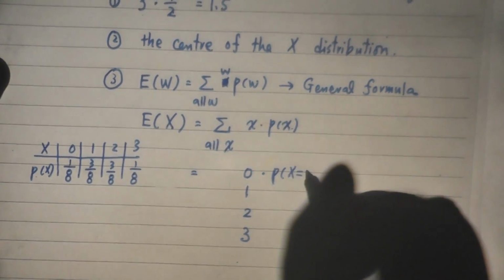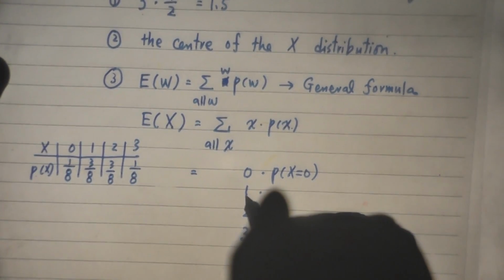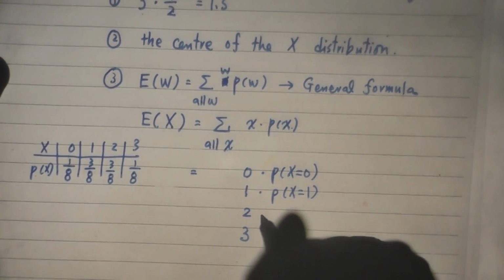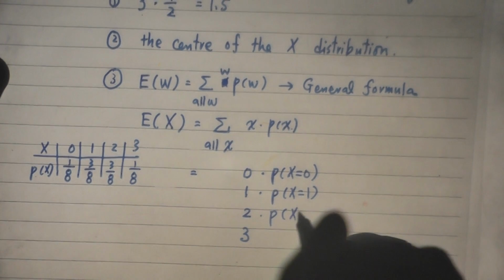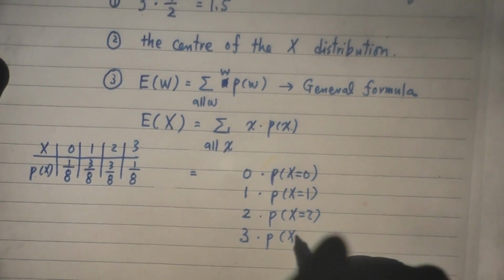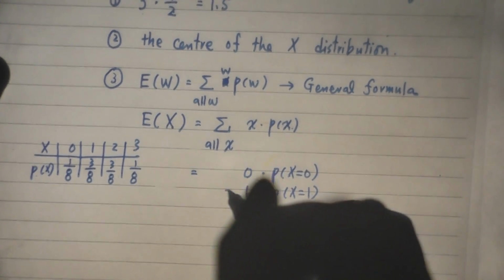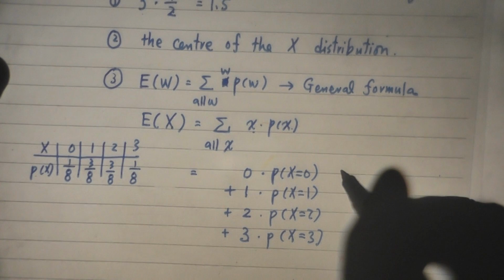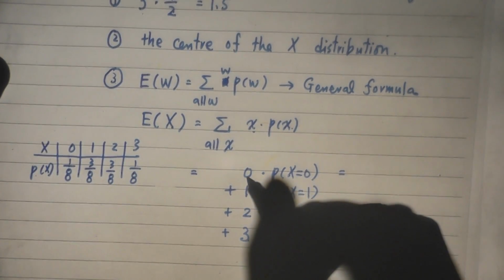Times the probability x equals 0. How likely do you see 1? Times the probability that you see 1. How likely do you see 2? Times the probability that x equals 2. How likely do you see 3? Times the probability x equals 3. And then you add it up. That's what it means from this formula. Okay? Now, let's proceed to do it.